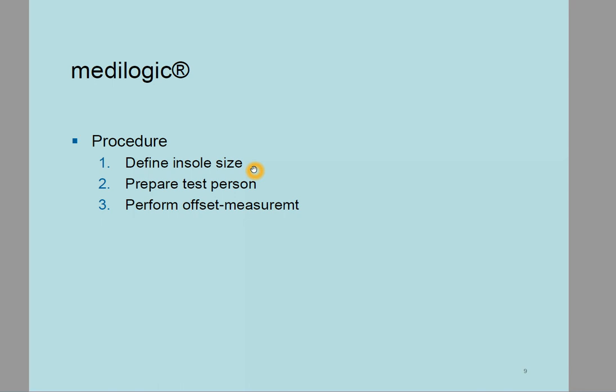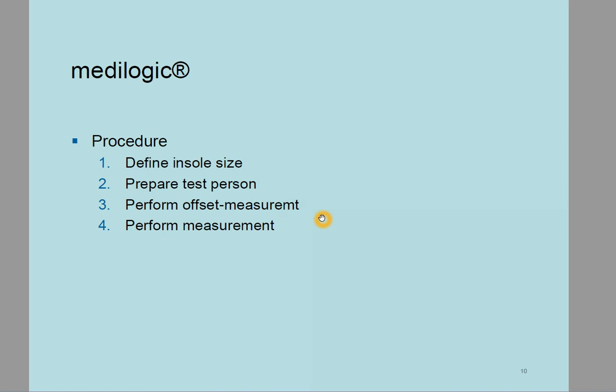For the first offset measurement you have to sit on the table and have the system started and record for 30 seconds, and then you have your offset measurement, and this offset measurement maps your pressure in the shoe in an unloaded situation.